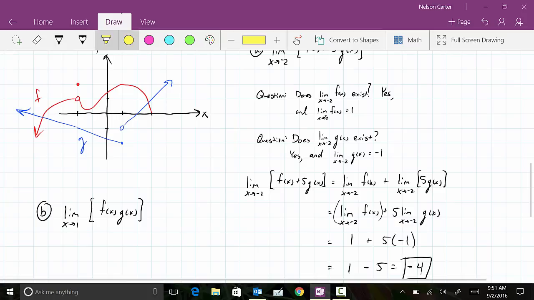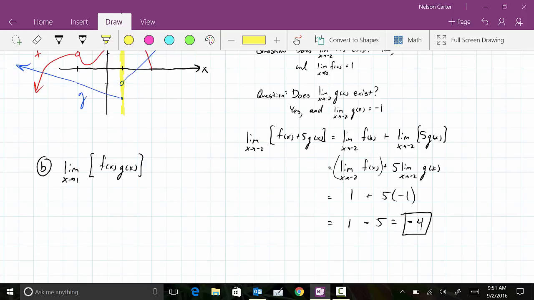But if we're looking here at g, the limit's not going to exist. The limit as we approach from the left is -2. From the right, it's -1. And -2 does not equal -1, so that means the limit as x approaches 1 of g does not exist.